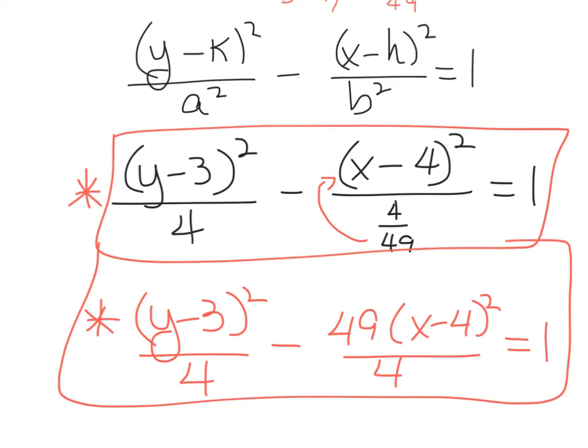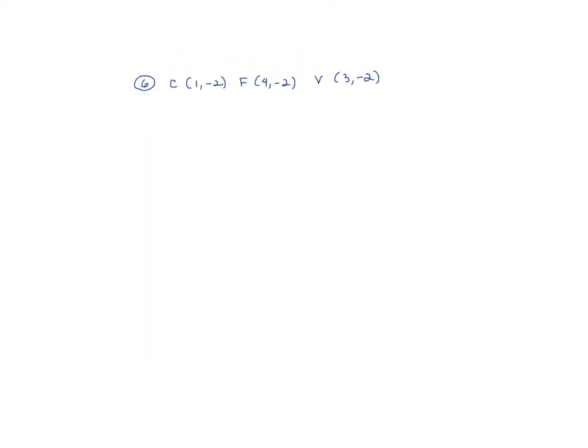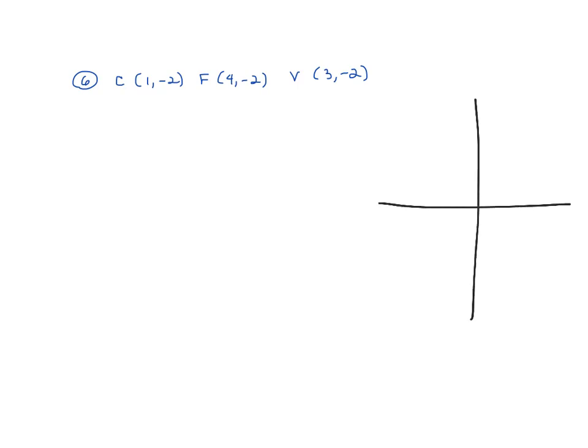This one's a little simpler. So again, if you need a picture, my center is at the ordered pair positive 1, negative 2. I've got my vertex at 3, negative 2. And I've got my focus point at 4, negative 2.